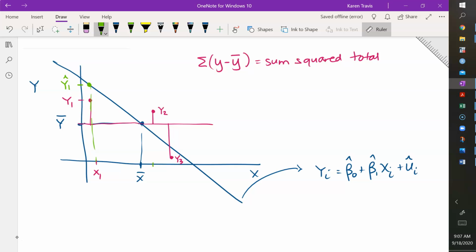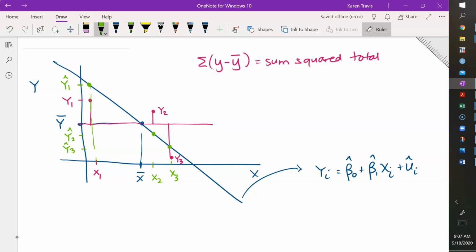Here's the actual prediction for x2 because it's on the line, and here's the prediction for x3 because it's on the line.